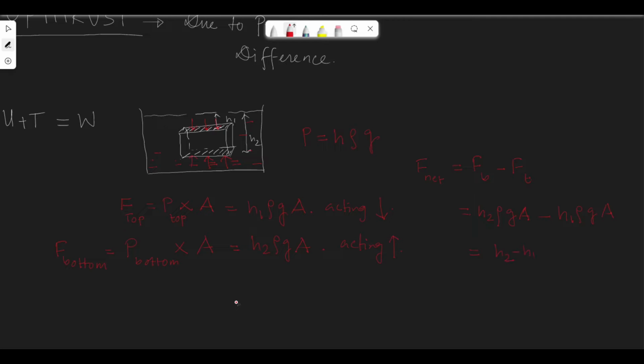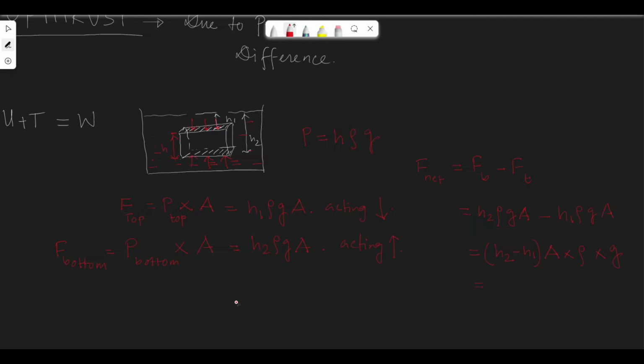H2 minus H1, A, then rho, then g. This is how we simplified the above expression. Now H2 minus H1 is what? It is nothing but the height of this object, h.